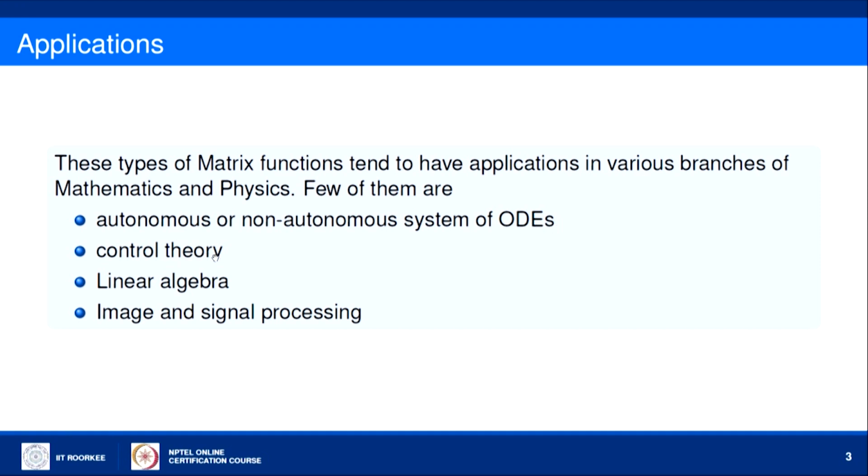In control theory we have plenty of applications of matrix functions, and in linear algebra obviously, and then in image and signal processing, because an image can be considered as a matrix, and when you perform some operation on an image you have to evaluate that particular function, meaning the output of that operation will be the value of the function when the image is the input variable.